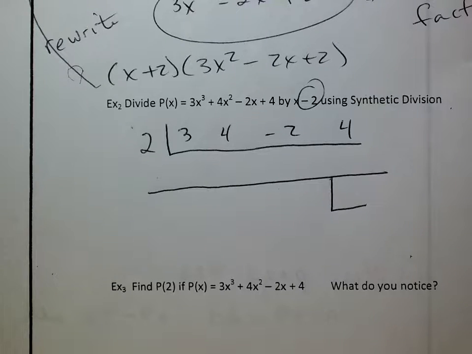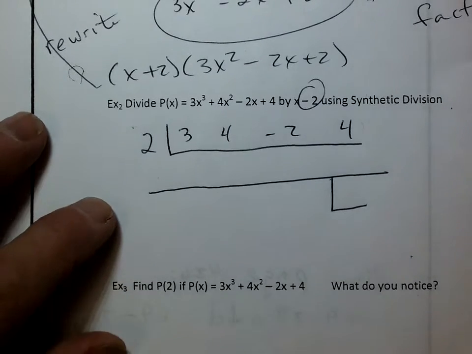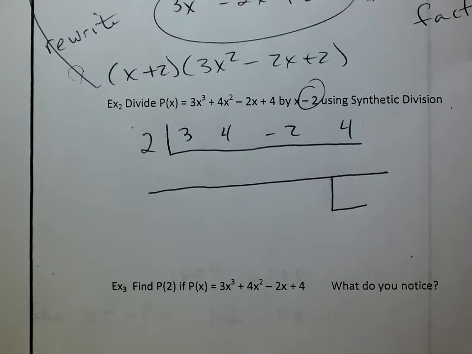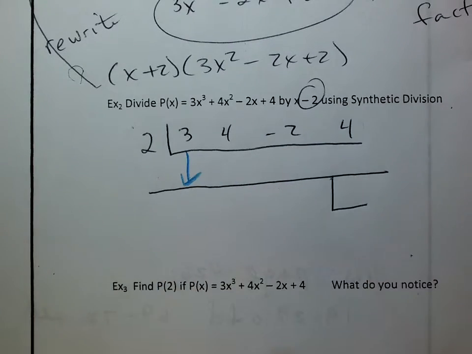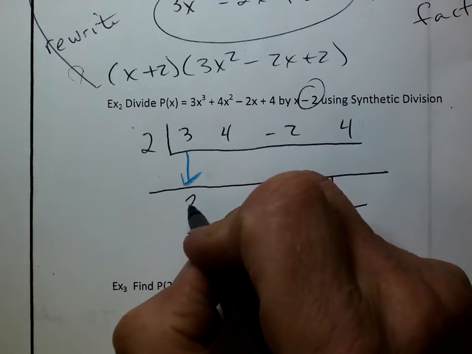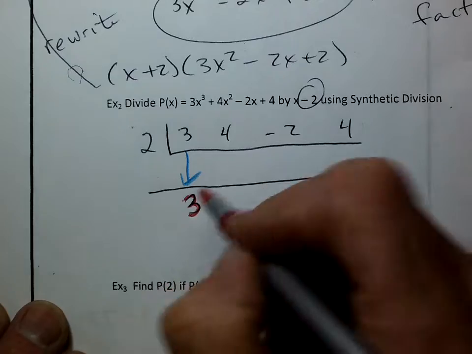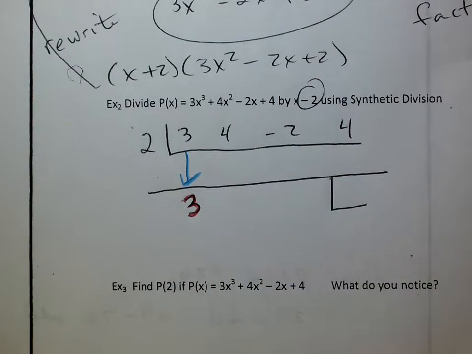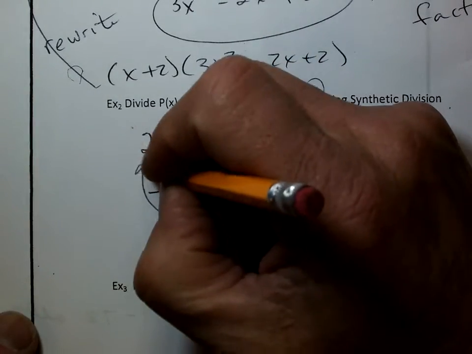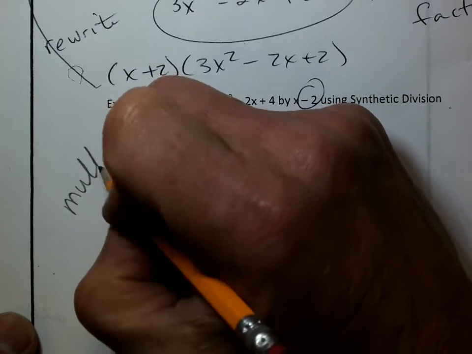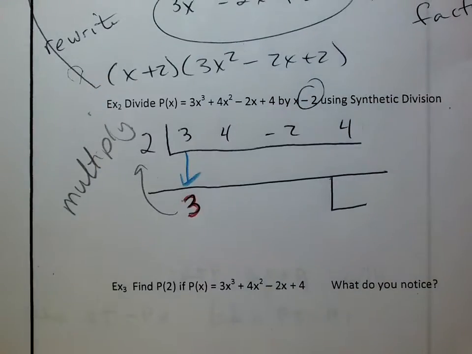All right, so then, step one was to bring down the first term. Bring down my 3. Then multiply, and we get a 6.